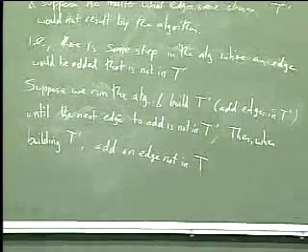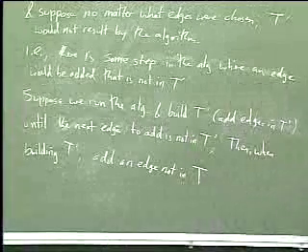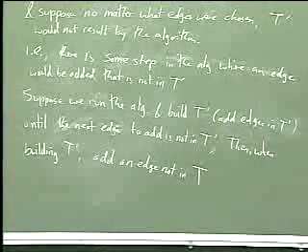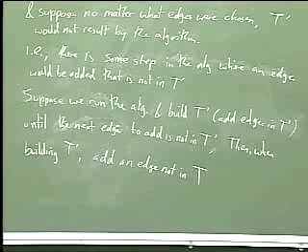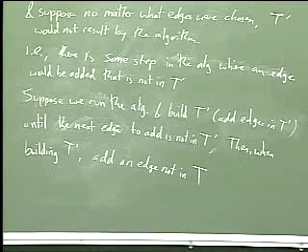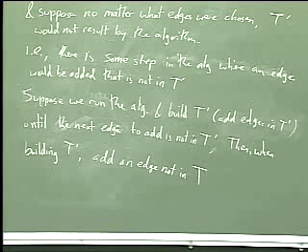So here's what I'm saying. We have this graph T prime, which is the supposed minimum spanning tree, and the claim is that our algorithm cannot build T prime's minimum spanning tree.